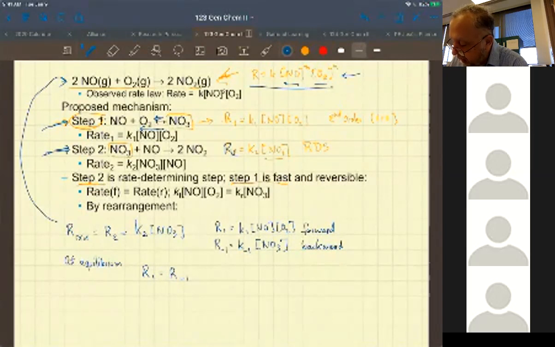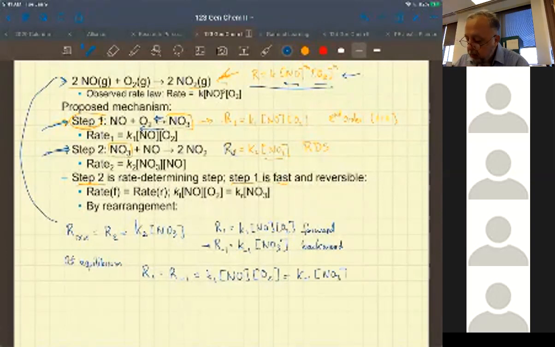If you look here, R-1 is a constant times the concentration of NO3. So NO3 is going to build up until this happens, and the equilibrium will be reached. So let's write then: R1 is K1 concentration of NO, concentration of O2, and that's also equal to R-1, or the rate going backwards, which is K-1 concentration of NO3.